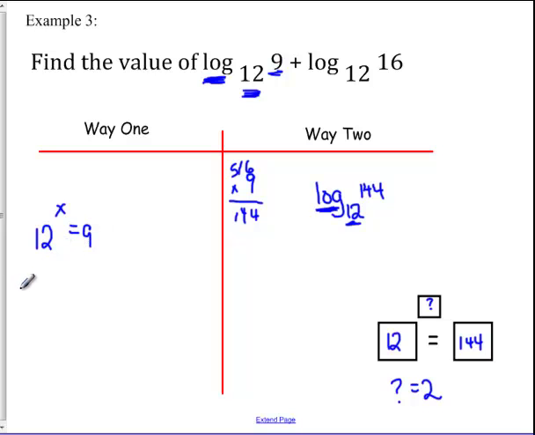That's kind of creepy. Let me see if I can think that through. Well, you can't take the square root of 12, can't take the cube root of 12. All right, so I really can't think of any answer here. So in this case, way 1 is out.